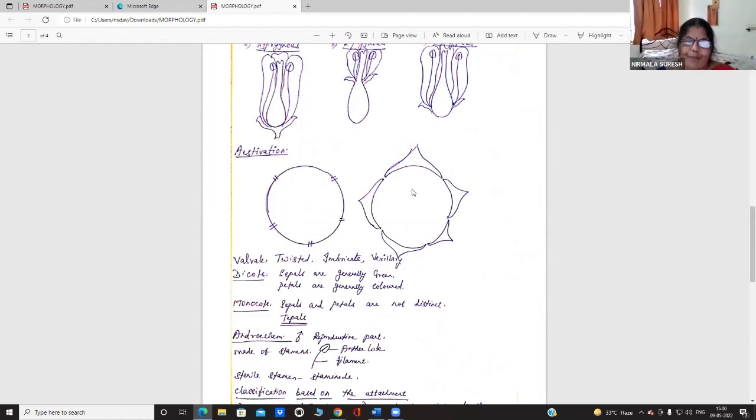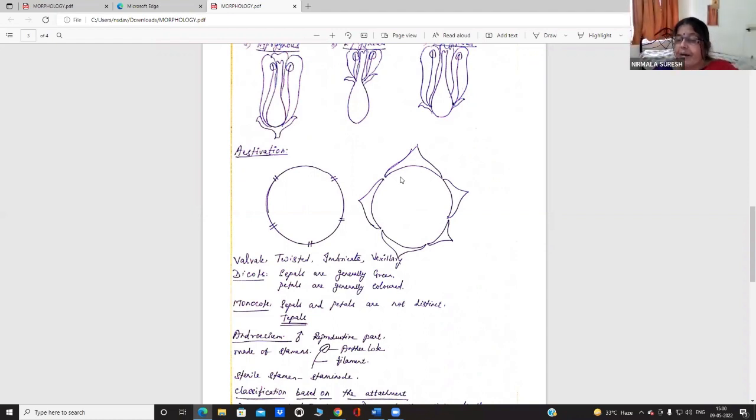Am I right, teachers? Yes, ma'am. So from one flower, they can understand 2 concepts. They will also see the calyx is gamosepalous, the corolla is polypetalous.